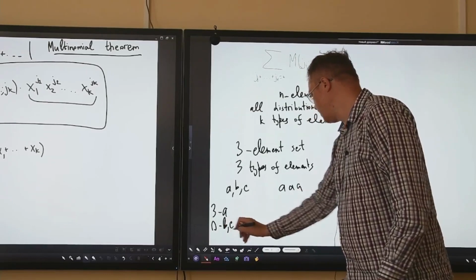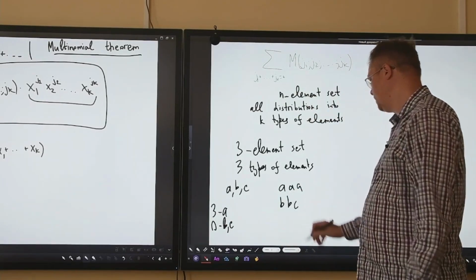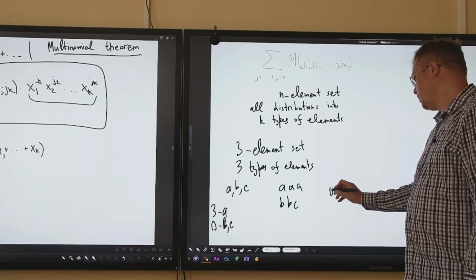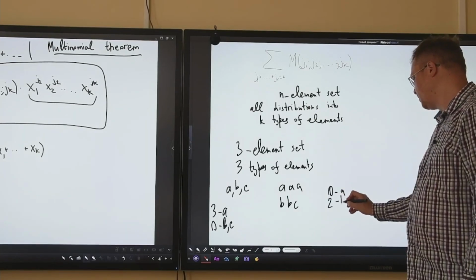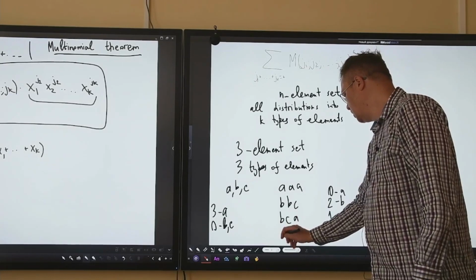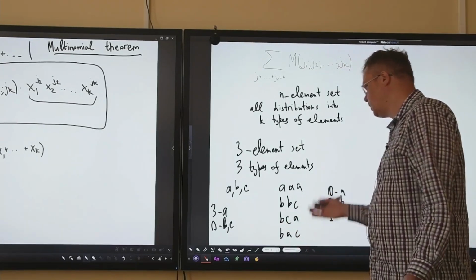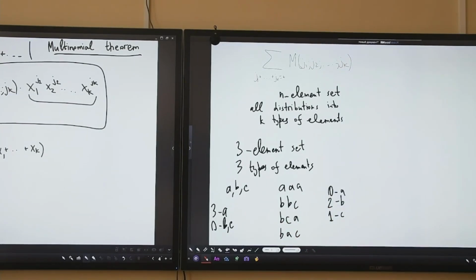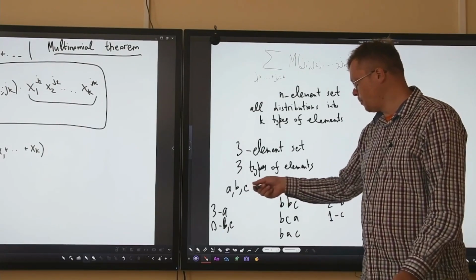Or I can have BBC. It means that I have 0 elements of type A, 2 elements of type B, 1 element of type C, and all possible words which I can make of 3 letters. These are words consisting of 3 letters with letters from ABC.